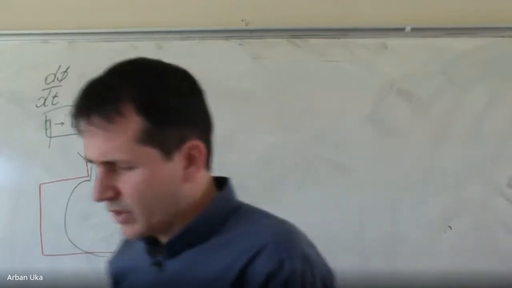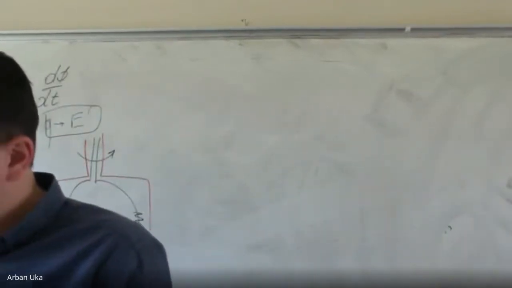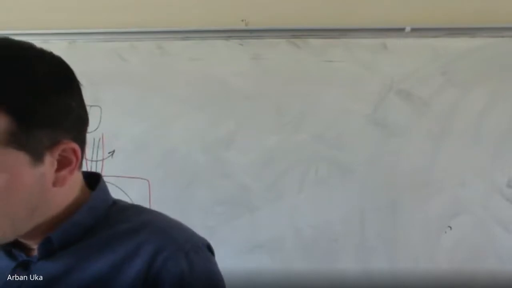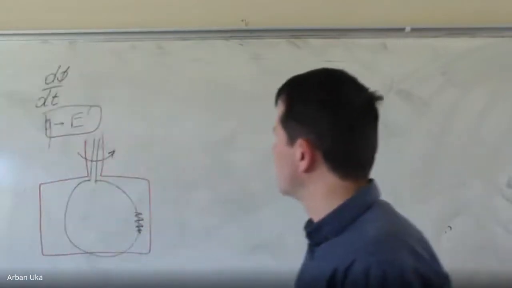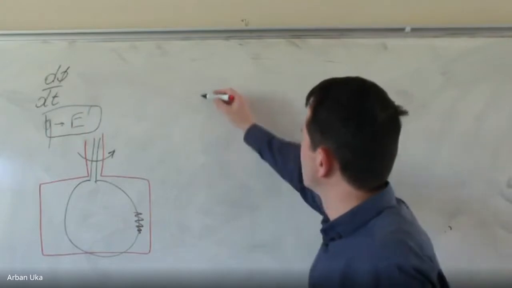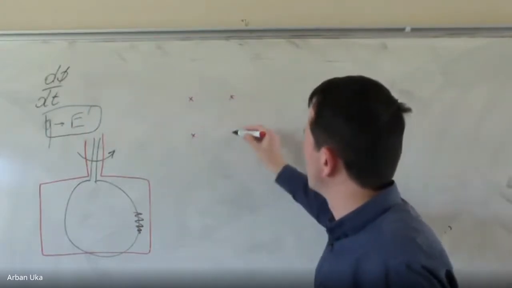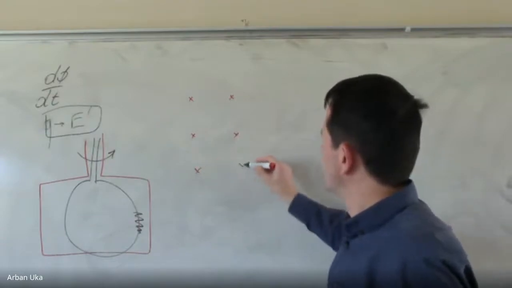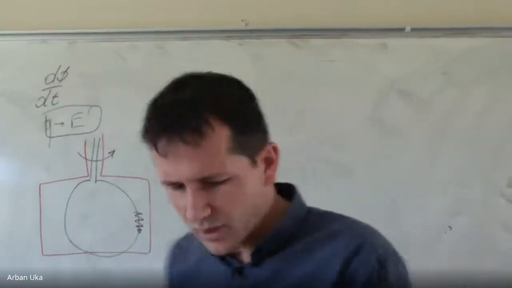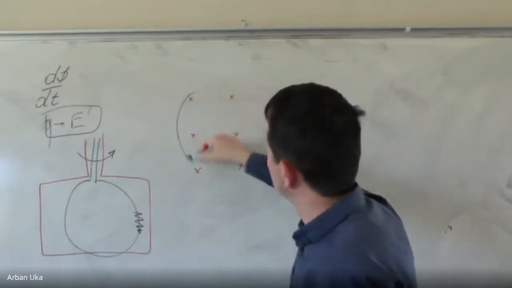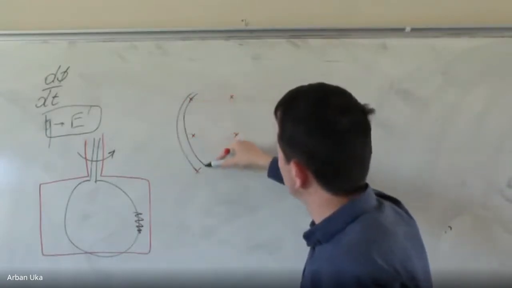Now, we can cover an example regarding this. So just for a moment, what I want to say is the following. Imagine that we have a magnetic field that is going into the board, okay? And with this magnetic field that goes into the board, imagine that we have a wire that is like this, okay?